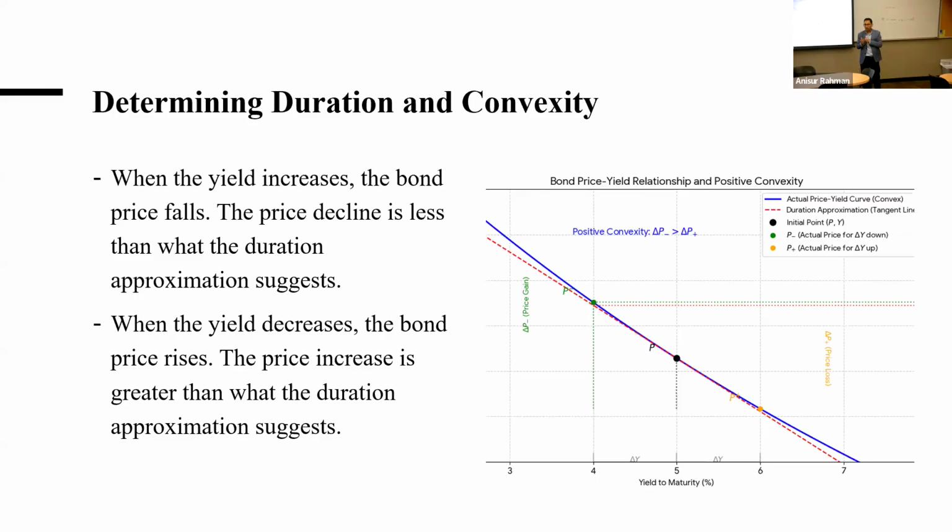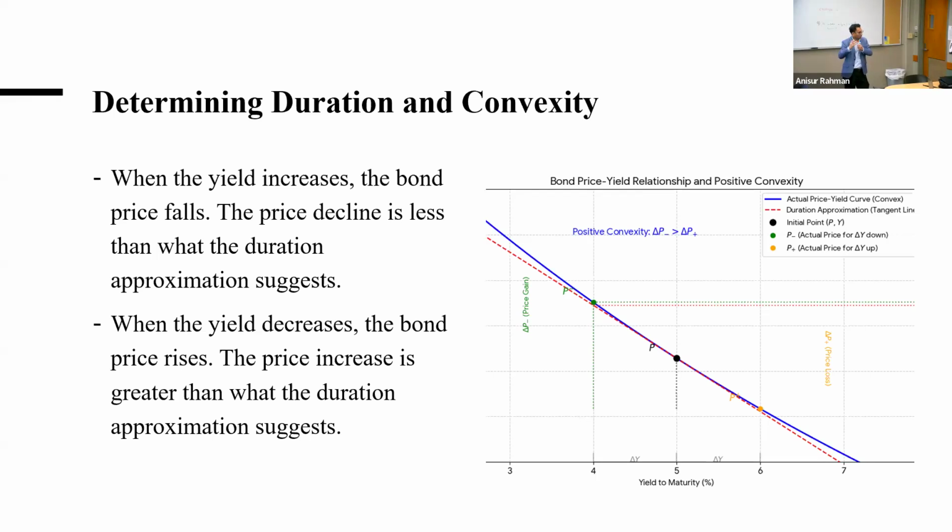You guys following me? So when the yield decreases, what do you expect the price to do? Price increases. Of course, it increases, but if you use only duration, it cannot capture the total increase.